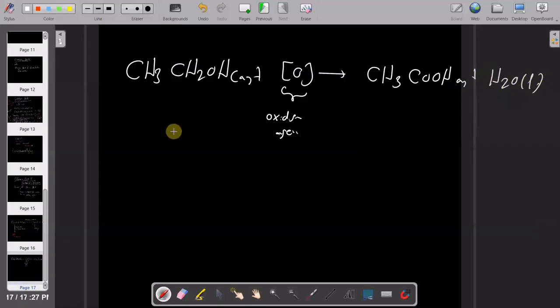Now remember, when we do it industrially, you can use different oxidizing agents. For example, potassium manganate, right?